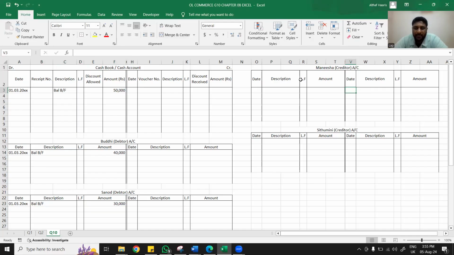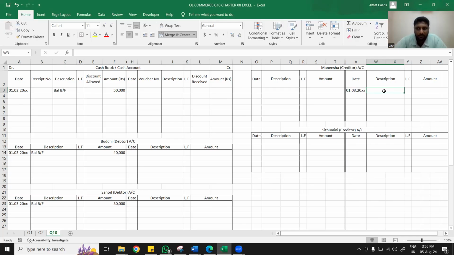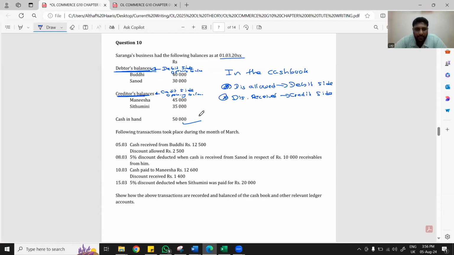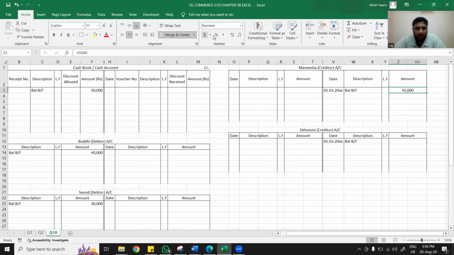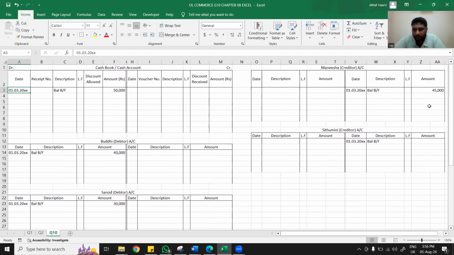Credit opening balances will be there in the credit side. Manisha 45,000, Situmini 35,000.